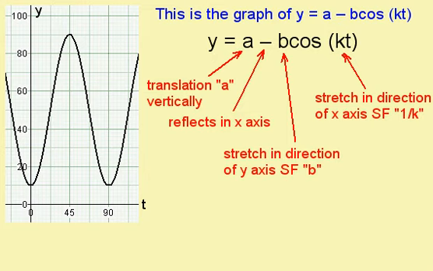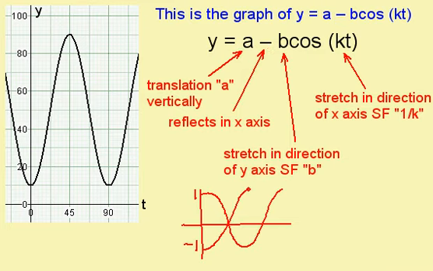I'm going to start by sketching the graph of y equals cos of x. This looks like this. This point here is 1, and this is -1. The minus here reflects it in the x-axis, so it will look like this. I know on the graph of y equals cos x, this distance from here to here is going to be 2.